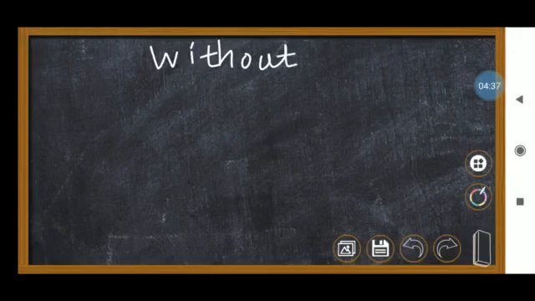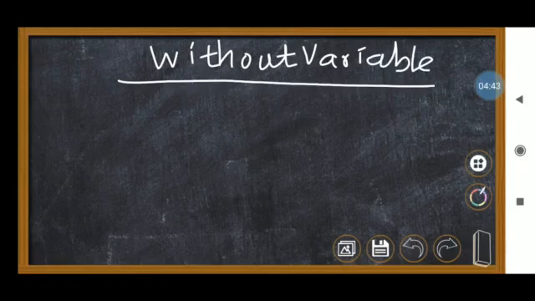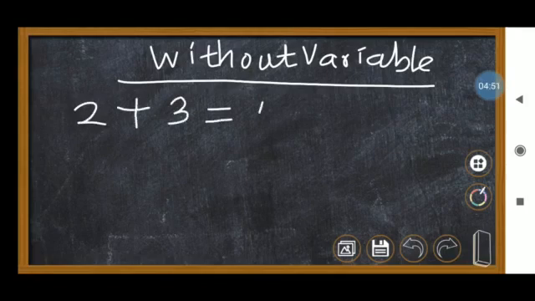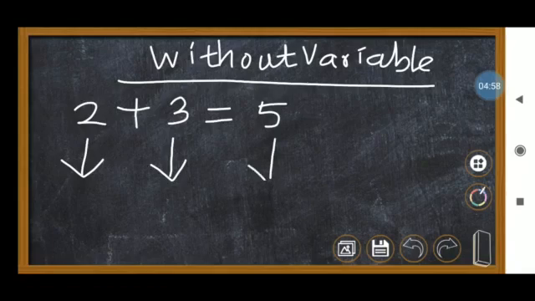So, the without-variable expression. How can we see it? For example, here I will write the number 2 plus the number 3, which is equal to 5. Here 2 is a number, 3 is a number and 5 is also a number.